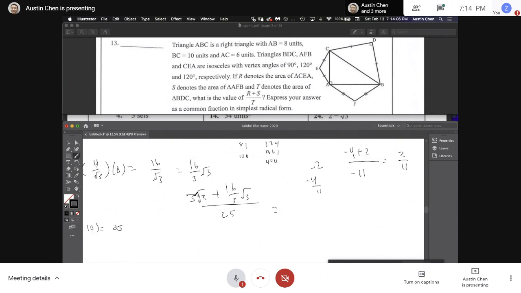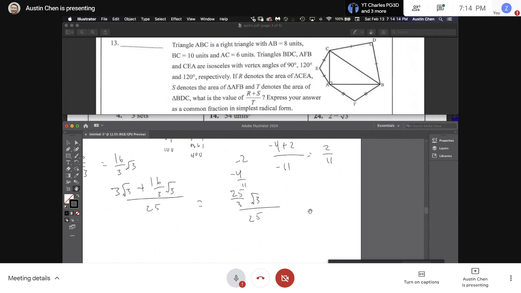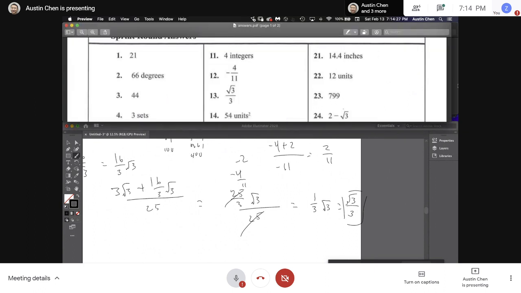This is going to be 9 thirds root 3. So add that to 16. That's going to be 25 thirds root 3 over 25. And then we get 25 on top and bottom. So then this is just 1/3 times root 3 or root 3 over 3. And then this should be our answer. Yeah, that's our answer.